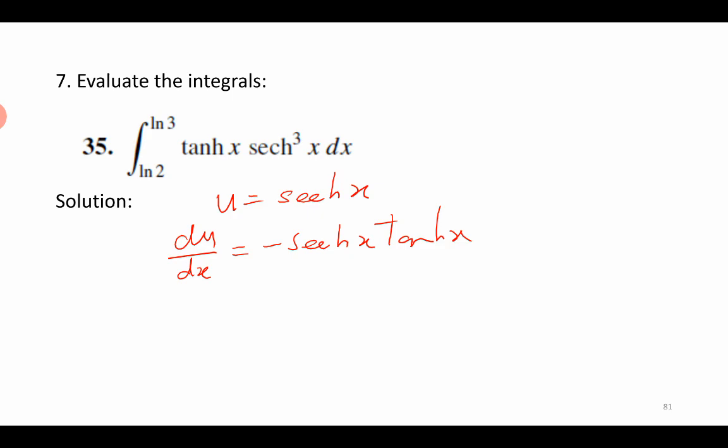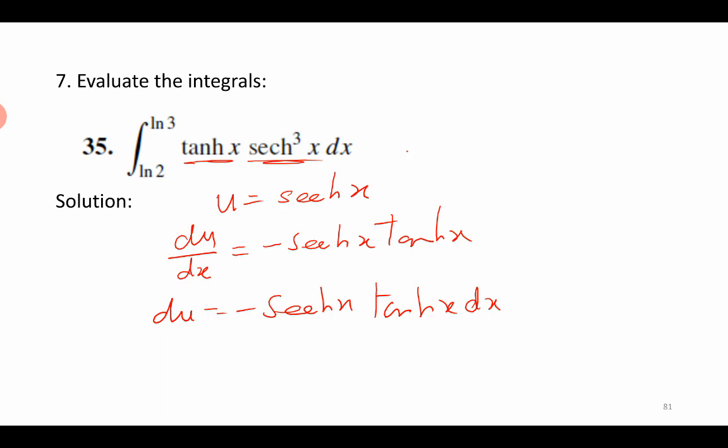We want only dx, isn't it? So du is equal to negative secant hyperbolic x tan hyperbolic x dx. See, after this, tan and secant along with the dx will be du.